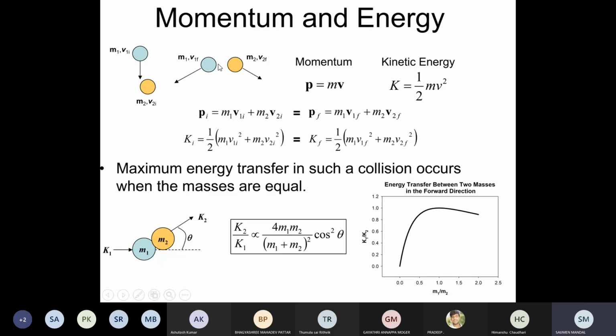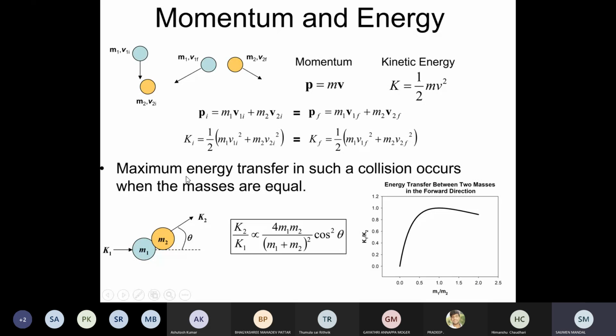Momentum P is equal to mv, and kinetic energy is half mv square. P initial is M1 V1i plus M2 V2i, equal to P final, M1 V1f plus M2 V2f. K initial is half mv square, and K final is half mv square again.